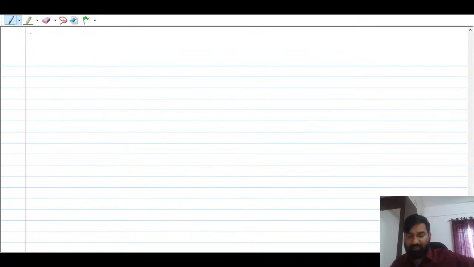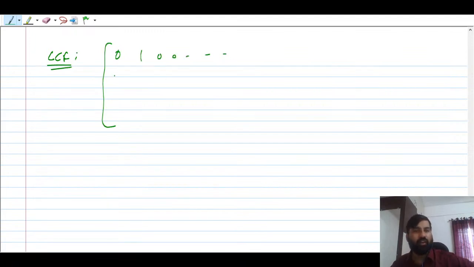So always keep in mind, this is very important. देखो CCF तो आपको पता है, CCF का फॉर्मेट क्या होगा? How does CCF look like? याद रखना, CCF means this: 0 1 0 0, 0 0 1 0, 0 0 0 1, like this.